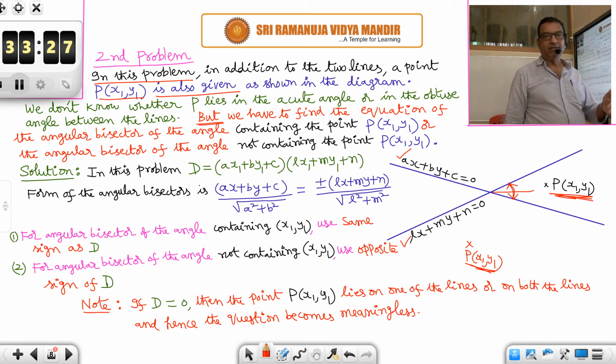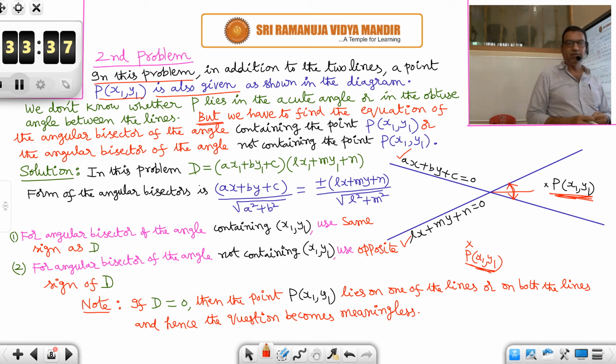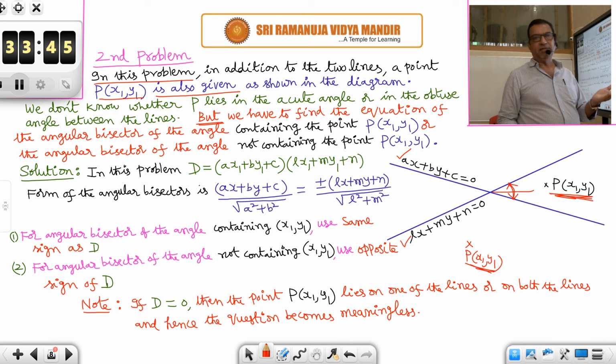The question will be asked like this: find the equation of the angular bisector of the angle containing the point P x1 comma y1 between the lines ax plus by plus c equal to 0 and lx plus my plus n equal to 0. If it is in the acute angle, find the acute angle bisector. If it is in the obtuse angle, find the obtuse angle bisector. We don't know where it is. Only the point is given.